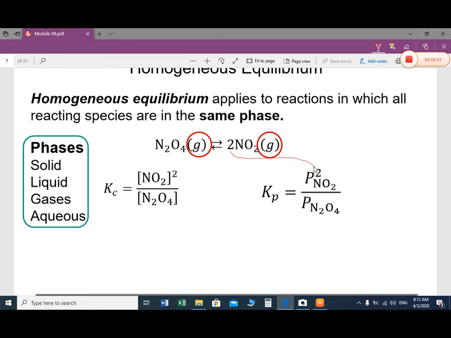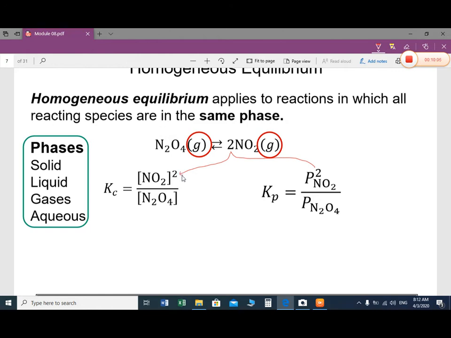So don't forget to write the powers in the equilibrium expression, whether you are calculating in terms of concentration or in terms of pressure. In both cases, you have to mention the power. This 2 will be presented here as a square.